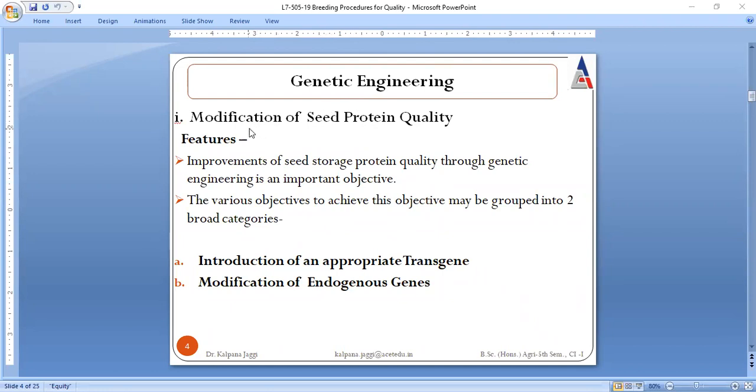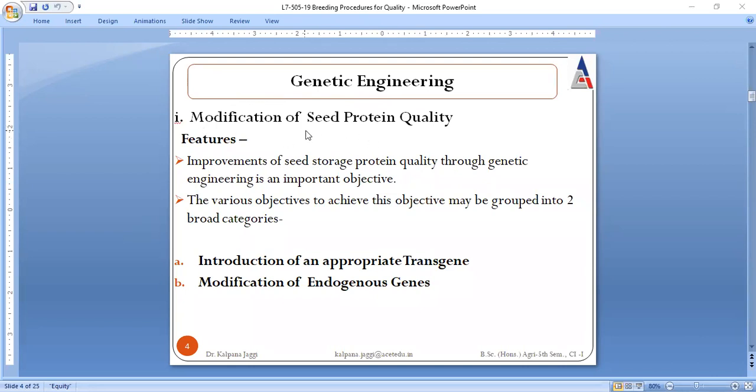That means we are going for the modification of seed storage protein quality. But through what aspect? Through modern approaches, and that modern approach is genetic engineering. This is the objective, where seed storage protein quality is to be modified and improved.